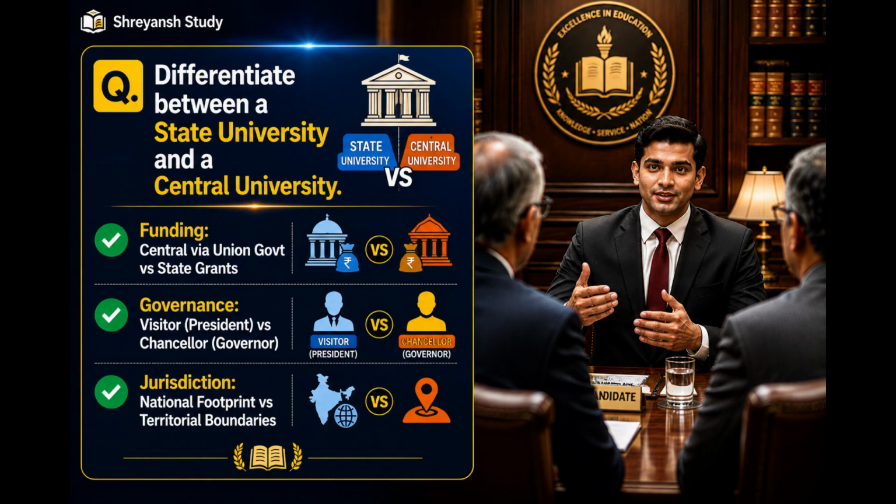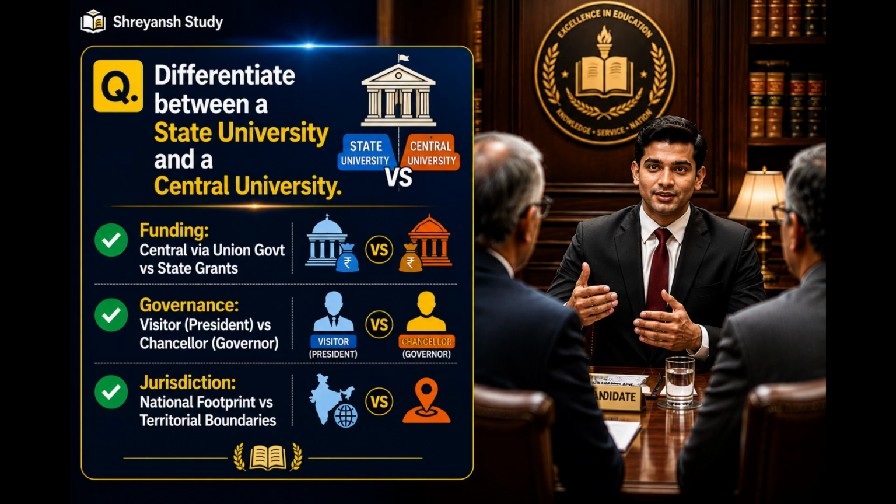Differentiate clearly between a state university and a central university regarding funding, governance, and jurisdiction. Sir, the distinctions lie across three domains. Funding: central universities are primarily funded by the Union Government through the UGC and Ministry of Education. State universities rely on grant and aid from their respective state governments alongside minimal development grants from the UGC.